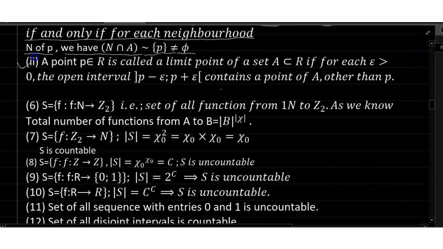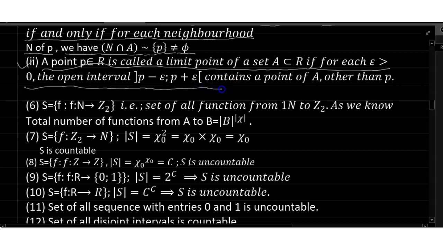of A. A point P belongs to R is called a limit point of set A subset of R if for each epsilon greater than 0 the open interval P minus epsilon and P plus epsilon contains a point of A other than P. Means excluding P, you get a point. Again I will show.